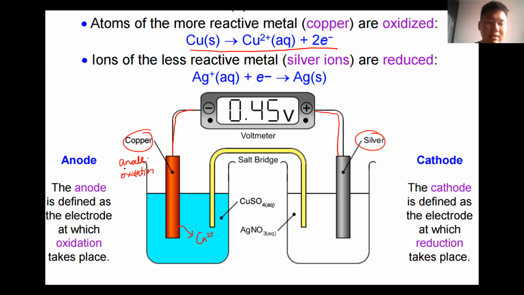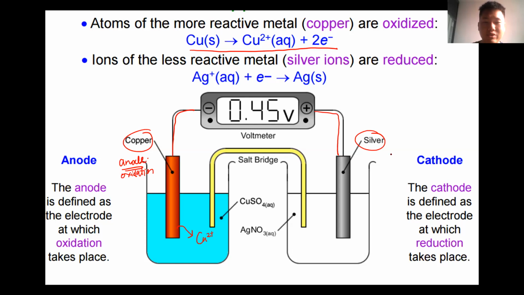The anode is where oxidation happens, and since the copper atoms oxidize to form copper ions, we say that oxidation happens, and this is the anode.